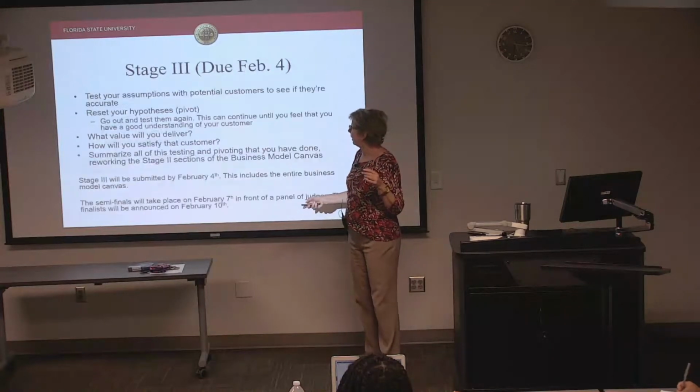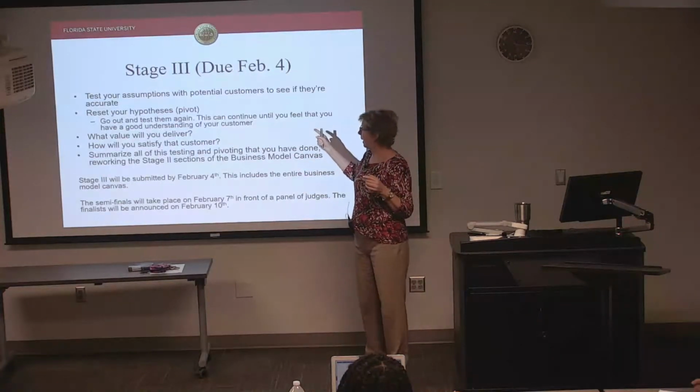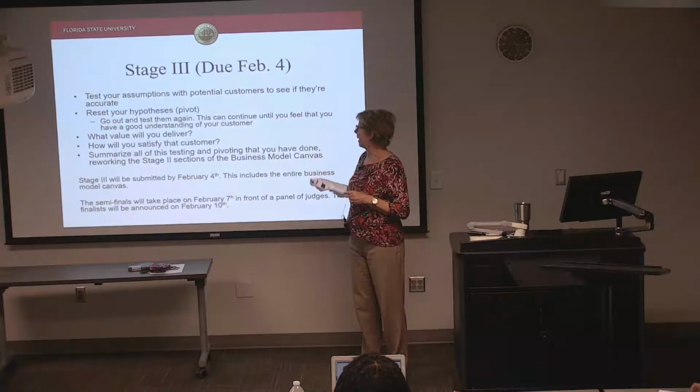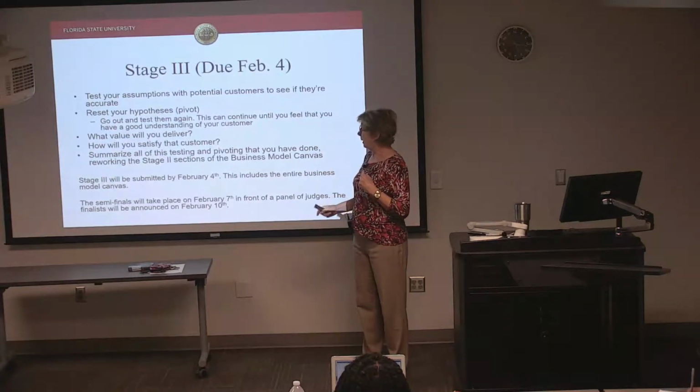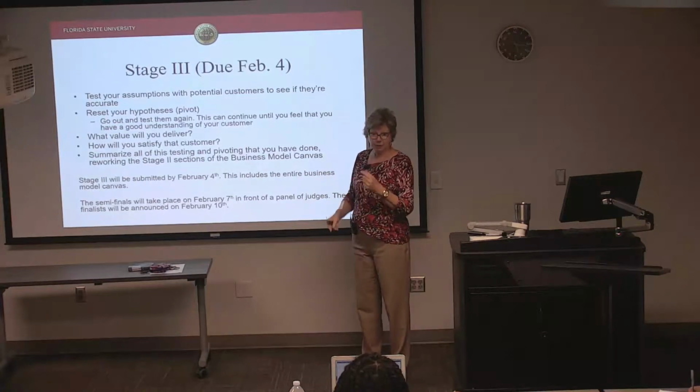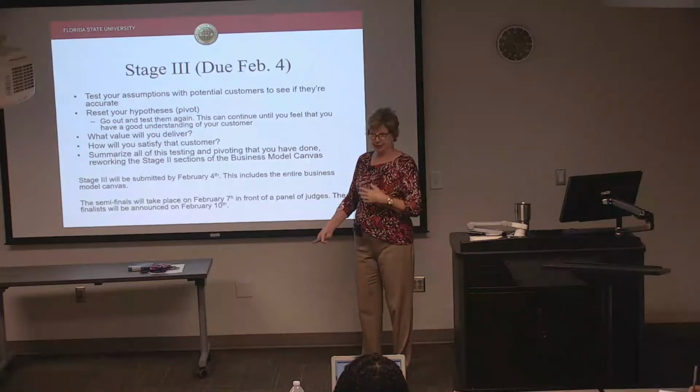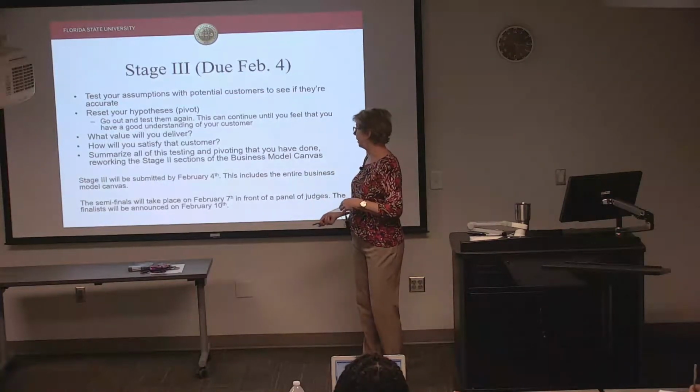And then stage 3, if you're one of those 15 semifinalists, by February 4th you submit to say, this is what I did to test these assumptions, and these are changes we made, or pivots.